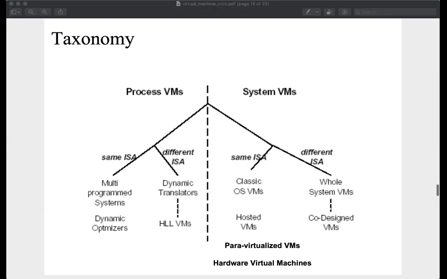System VMs virtualize the instruction set architecture to provide a whole machine view of the system to the virtual machines. So our focus was mainly on system VMs, and today we're going to get deeper into system VMs to understand how individual resources are virtualized.